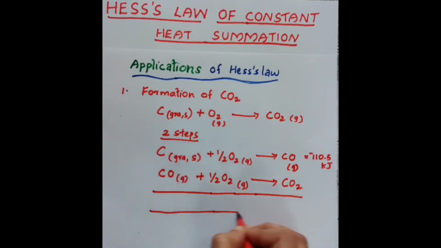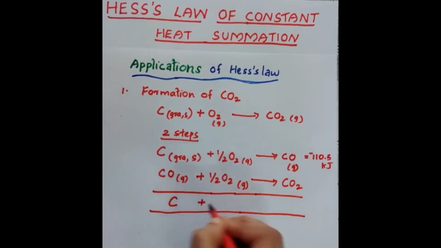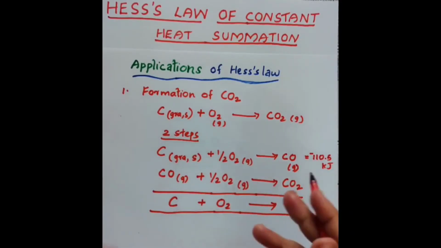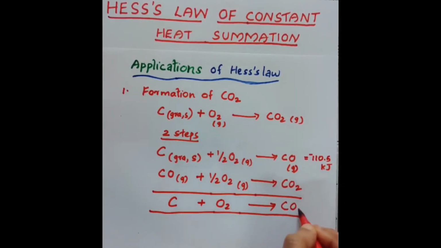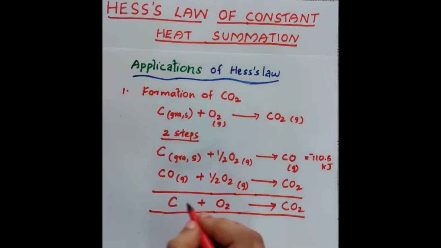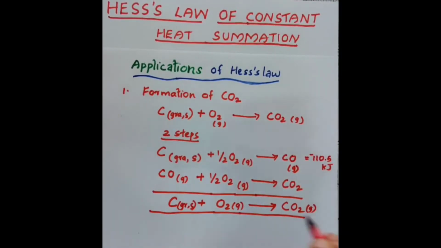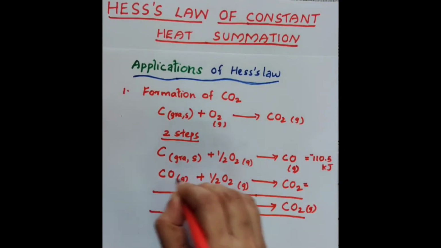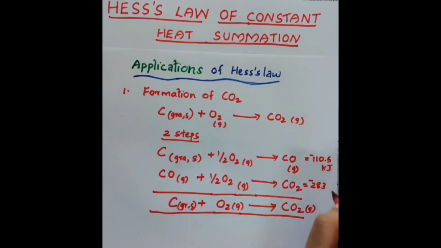By adding these, we get carbon plus oxygen giving carbon dioxide. The carbon monoxide cancels out, and the half O2 plus half O2 gives one O2. The enthalpy change for the second step is minus 283 kilojoule.